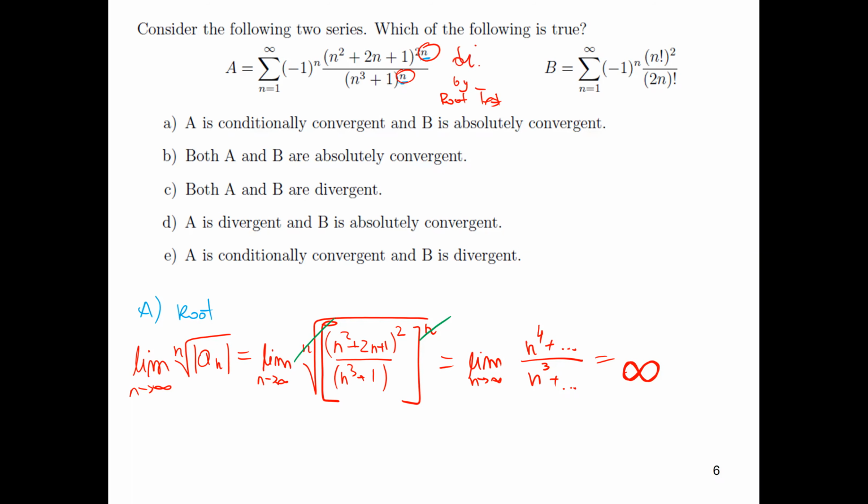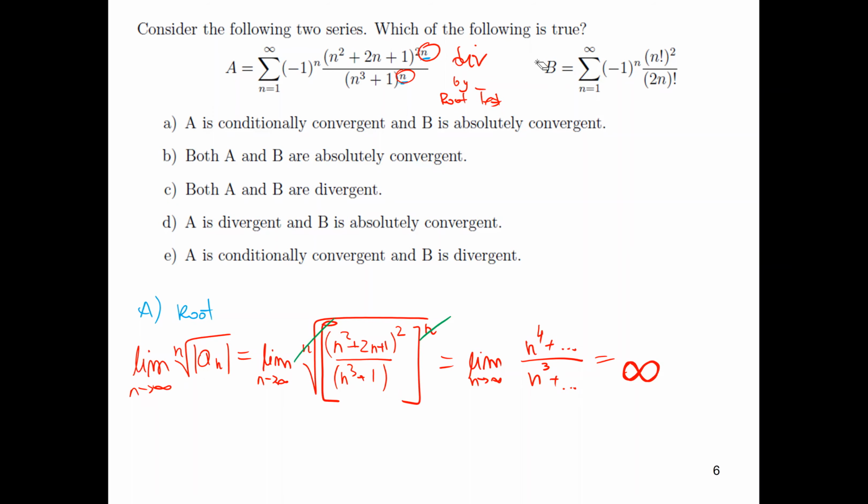Maybe it's infinity, of course, not 0. If the denominator is winning, like 1 over a big number, it's always 0. That means it's divergent. Okay, that means this is divergent by the root test. Good.